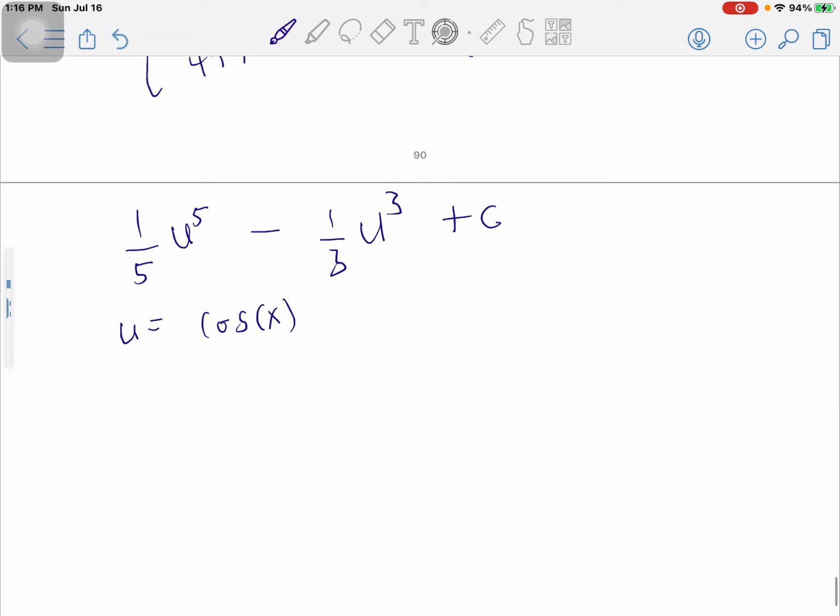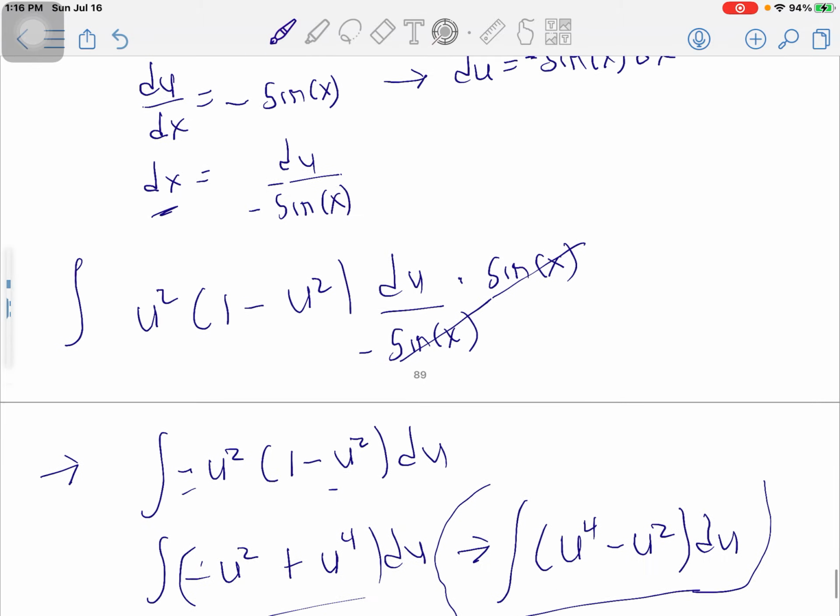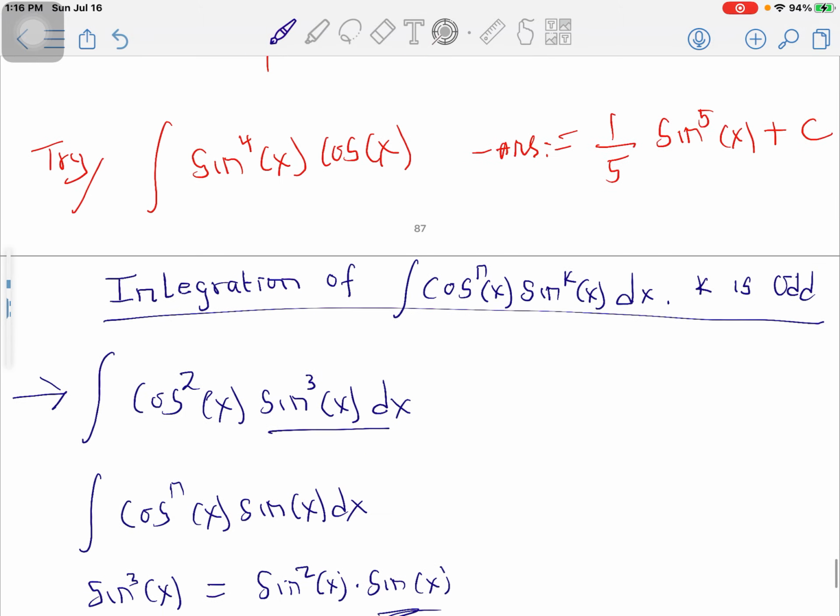And don't forget that we said that let u equal to cos of x. So in letting u equal to cos of x, you can replace it, and we are going to get 1 over 5 cos power 5 of x minus 1 over 3 cos power 3 of x plus c.